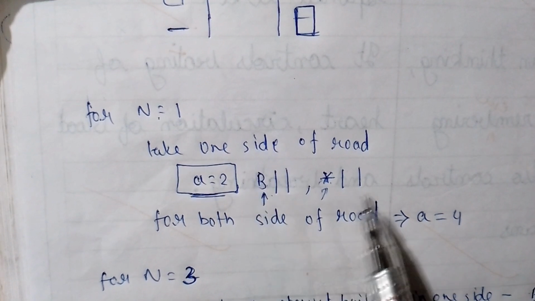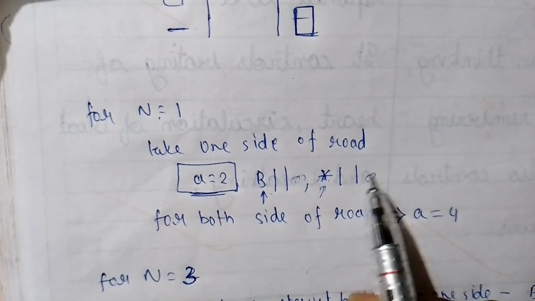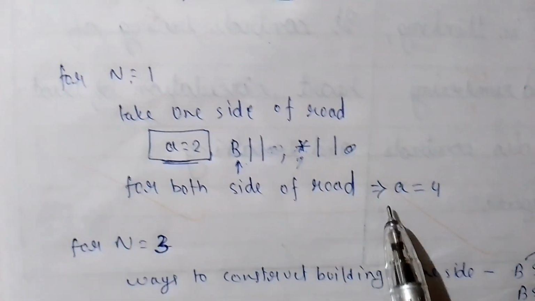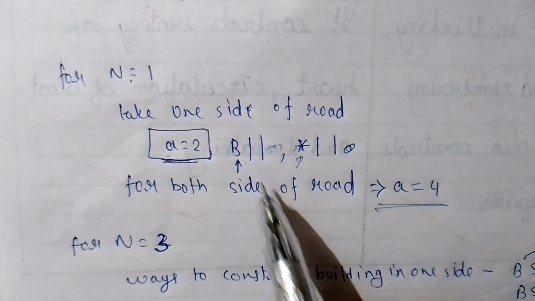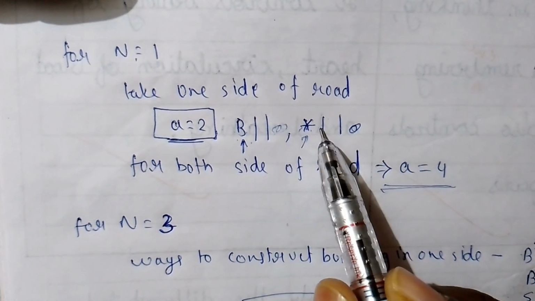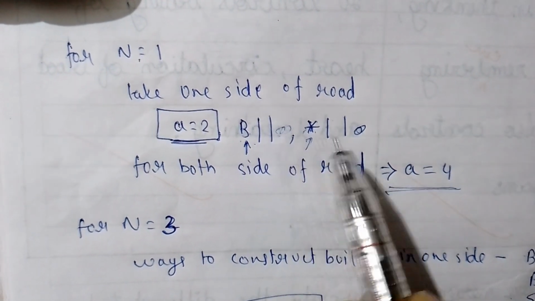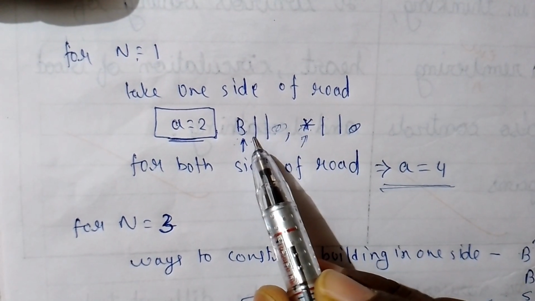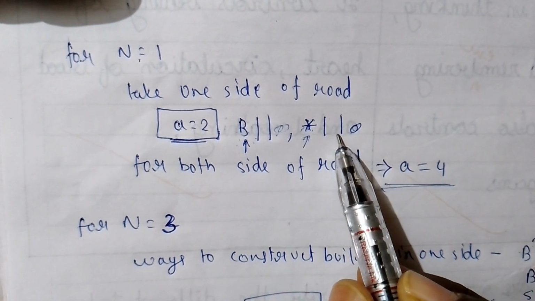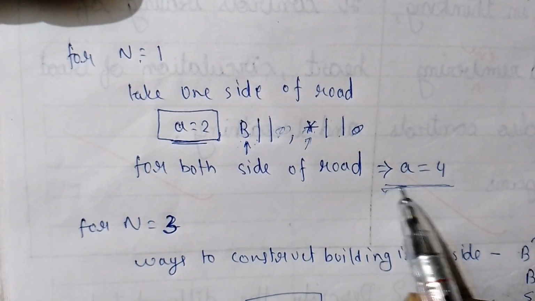So by combining both sides, how many combinations are going to be made? There are four combinations. Here one, here one, so here come two possibilities, and here come two possibilities. This is going to be 2 and this is going to be 2. That's why the answer will be 4.